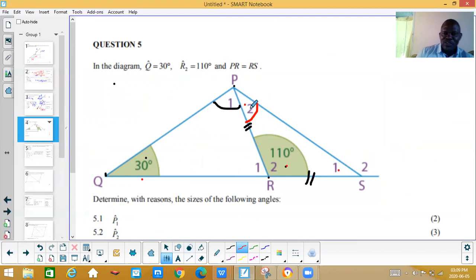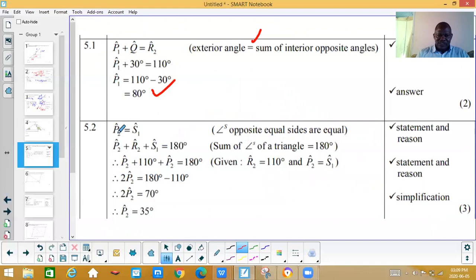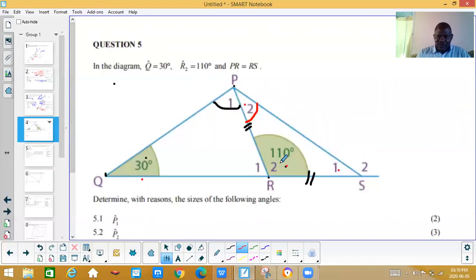So P2 is equal to S1. Since P2 is equal to S1, you can say P2 plus R2 plus S1. Which one is our angle R? Angle R, which is R2.